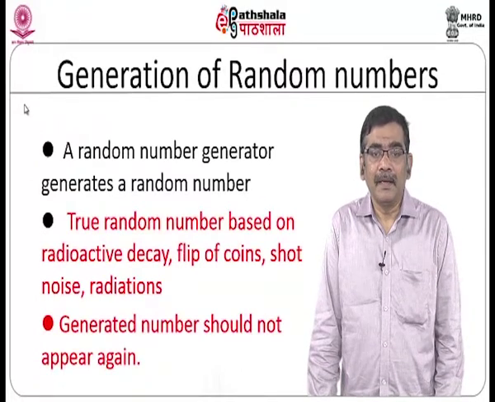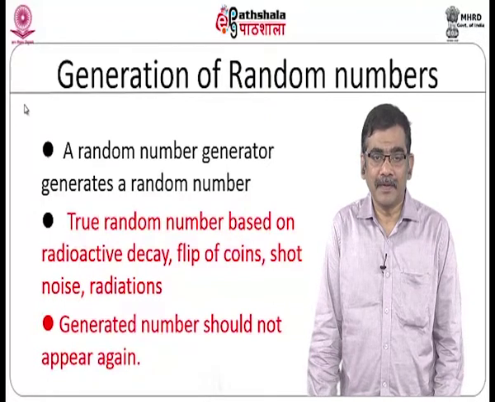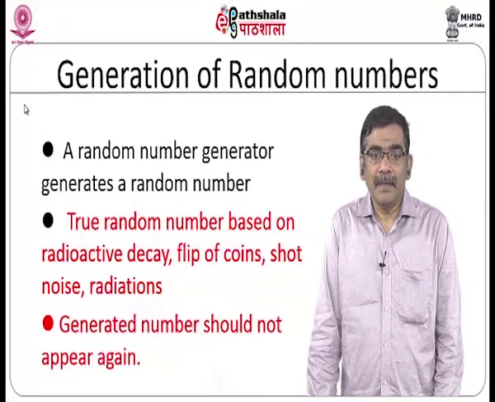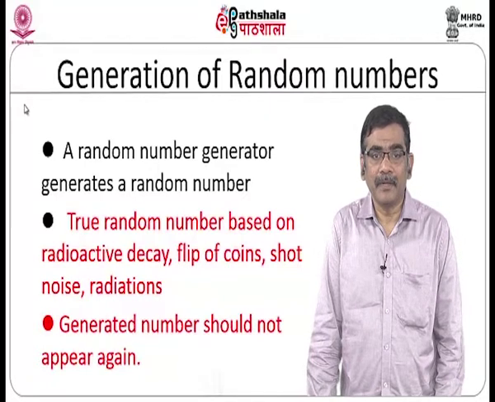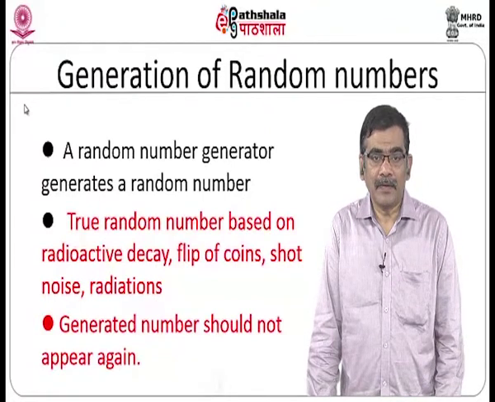Fine. Now, we will talk about the generation of random numbers, which is one of the most essential things in randomized algorithms. Random numbers are generated by a random number generator, so we have to write software to generate random numbers. There are two types of random numbers.